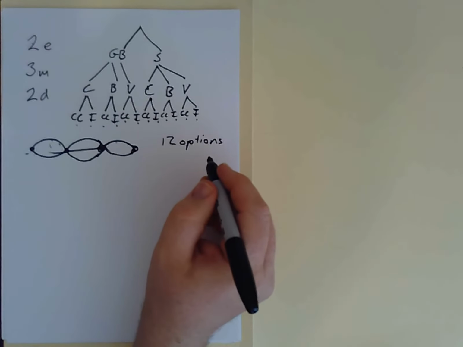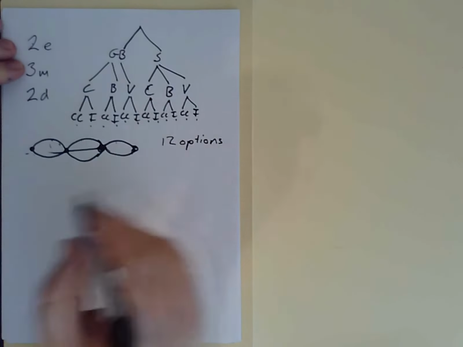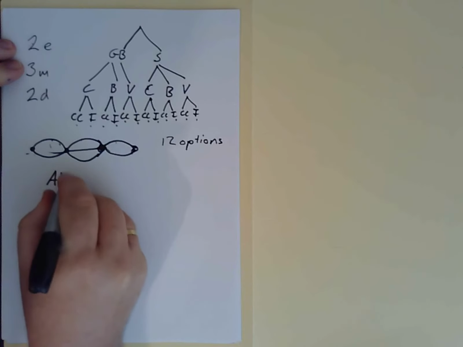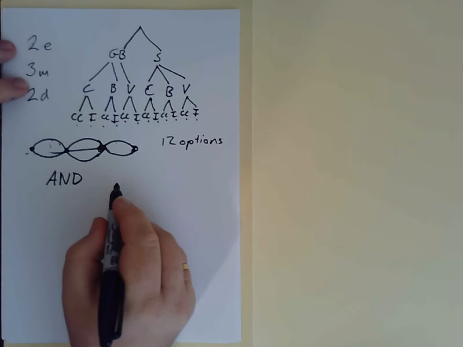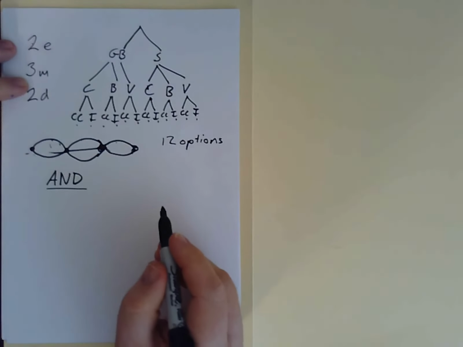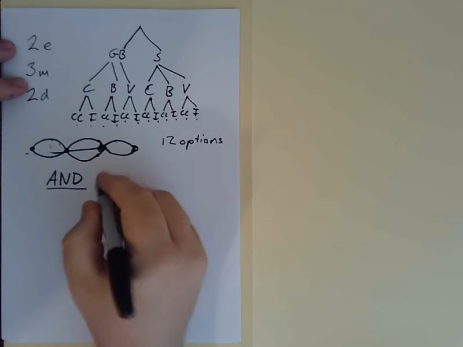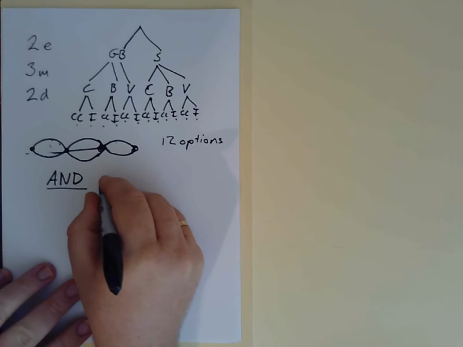Now, with a problem like this, where we're doing one of two entrees and one of three mains and one of two desserts, when we've got that and word or something similar, there's a shortcut. And we call it the multiplication principle.